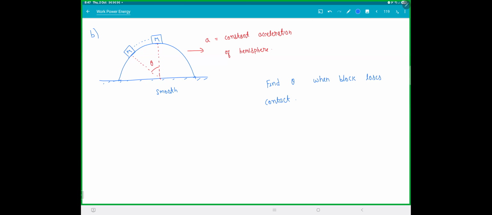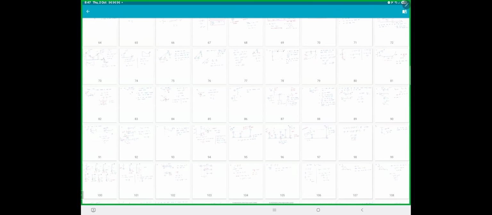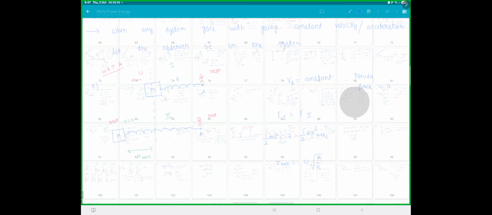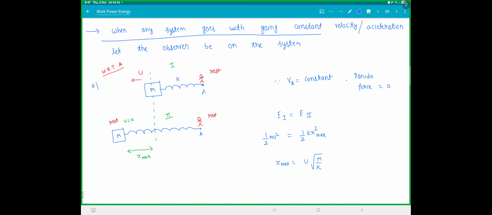I hope the question was clear. The wedge is moving. And remember, whenever you use constant acceleration, I told you something last class. If you remember, that is the reason wordings are important. When any system goes with constant velocity or acceleration, let the observer be on the system.